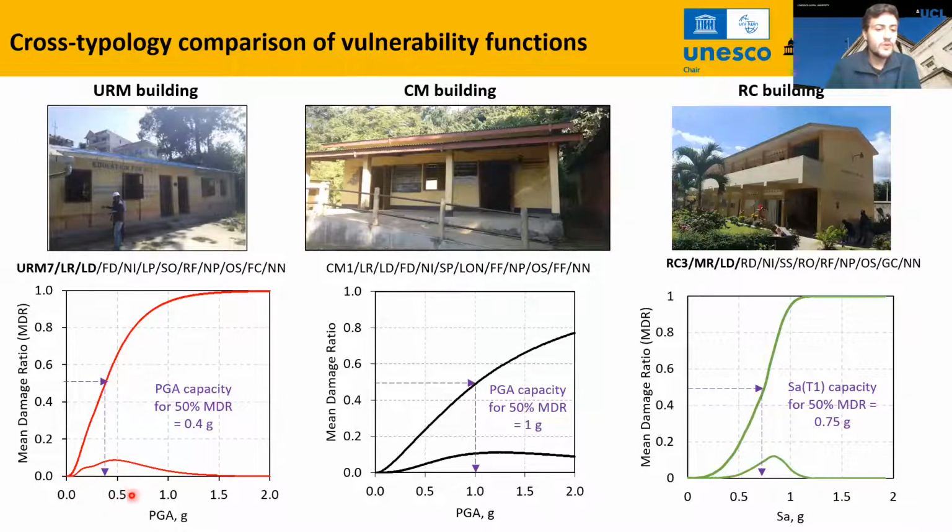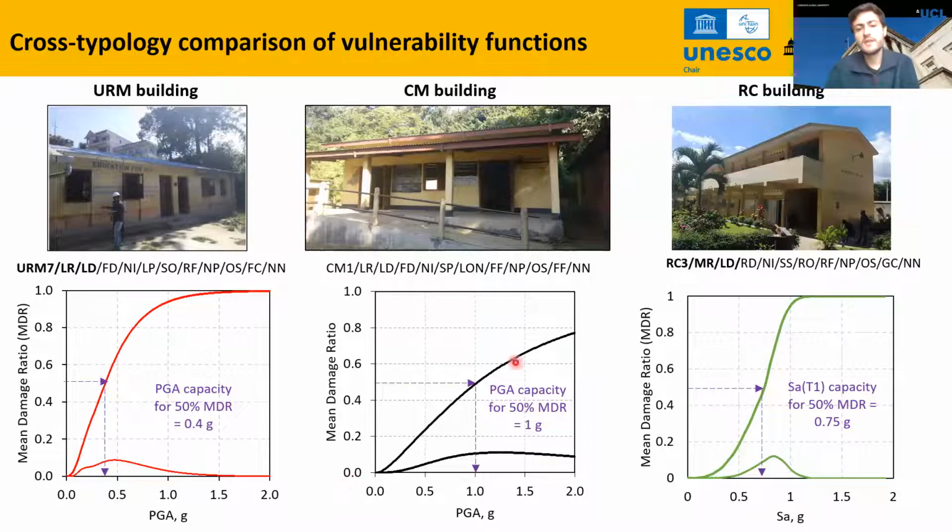This means that for lower PGA, or any intensity measure that you are calculating here, you will have a very high mean damage ratio. For example, to obtain a 50% damage ratio, you will need only around 0.4 g of peak ground acceleration. This can be contrasted with a confined masonry building, in which for the same 50% of damage, you will need to reach 1 g as PGA.